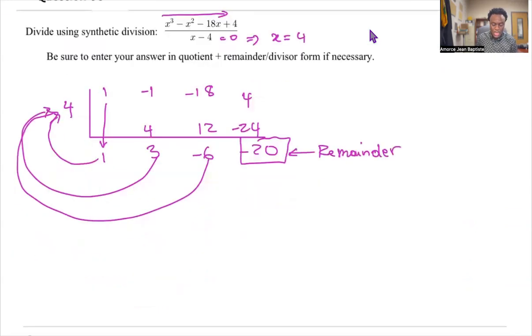That's your remainder, and the solution would be given in the format of P over D, the polynomial divided by the divisor, equals the quotient, which is the result you're going to use.